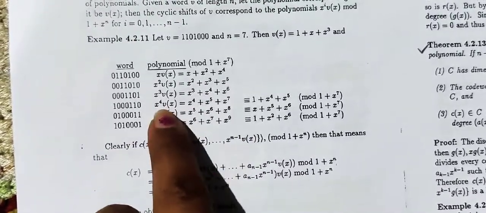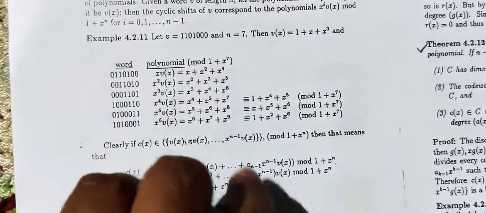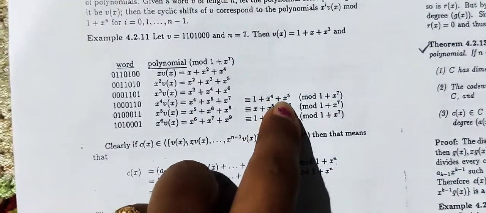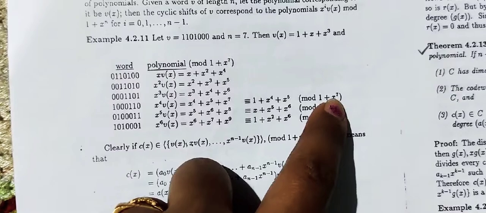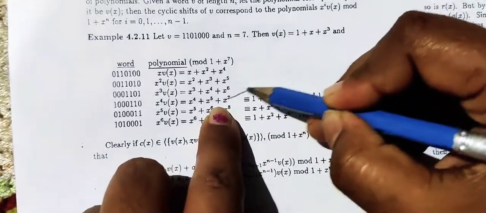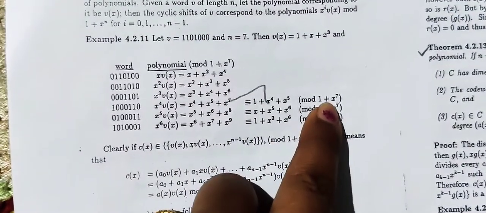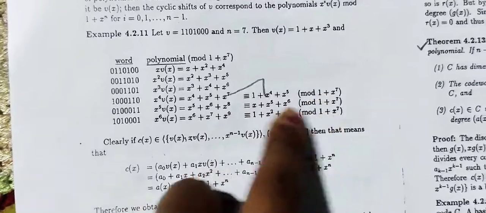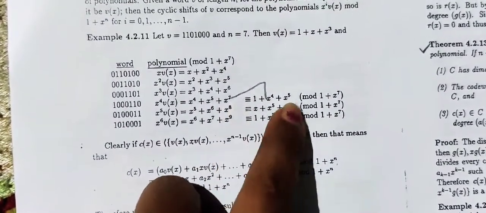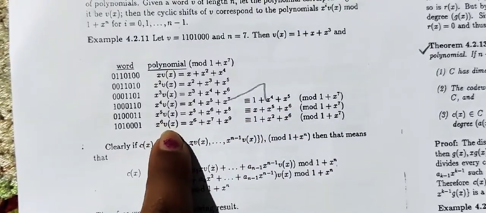X raised to 4 into v of x divided by 1 plus x raised to 7 has a remainder, and similarly 1 plus x raised to 4 plus x raised to 5 divided by 1 plus x raised to 7 has a remainder. So both of these polynomials divided by 1 plus x raised to 7 have the same remainder. Therefore, the congruence holds for these two polynomials. Similarly, x raised to 6 into v of x is this one.